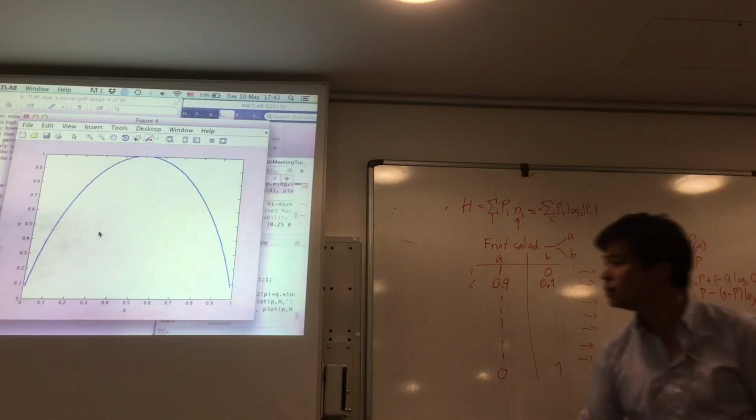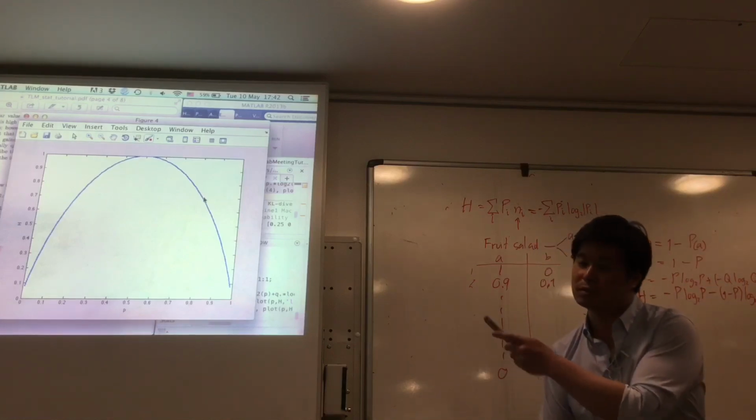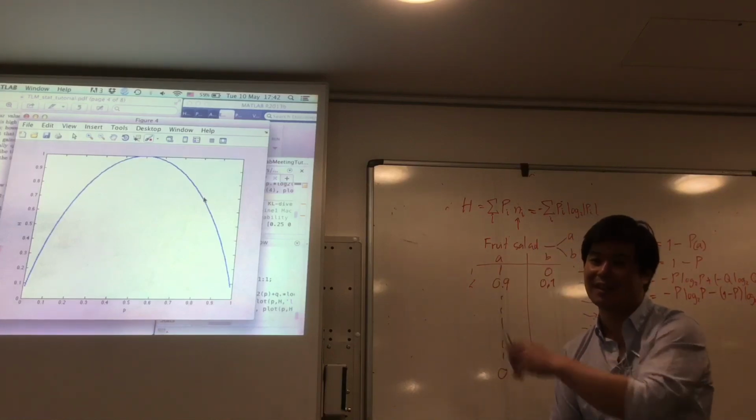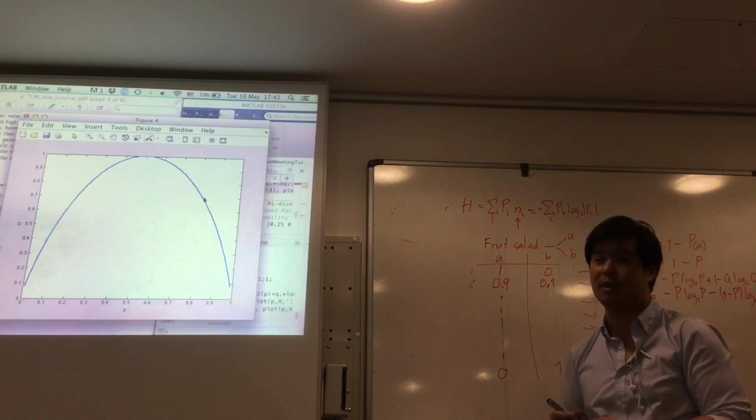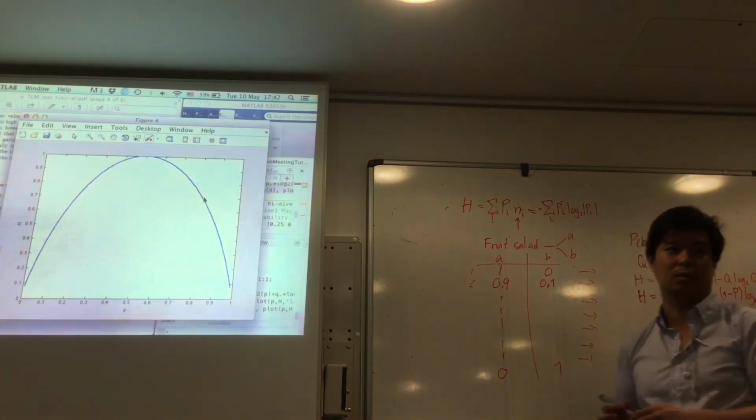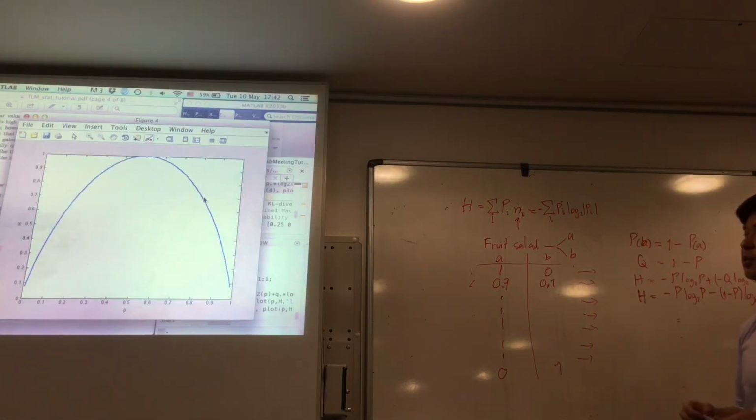The reason I show this is because it's one of the most commonly taught ways to describe Shannon entropy, so that when you read books, you know where it comes from. So when you have a probability of 0.5 for apple, you are seeing more variation.